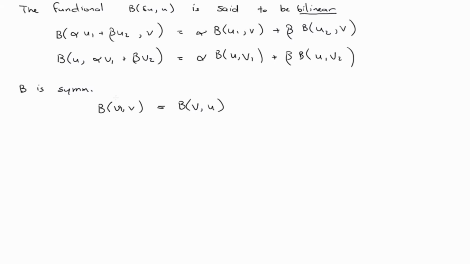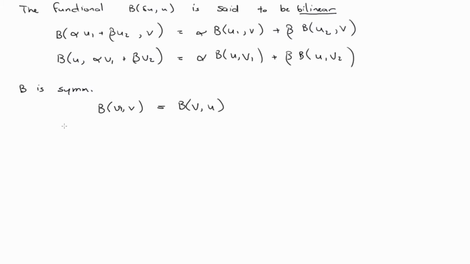So we're trying to establish that B is bilinear and symmetric. Okay, and for our model problem, that's true. You can verify both of those things. So I'm just giving you definitions for bilinear and symmetric.